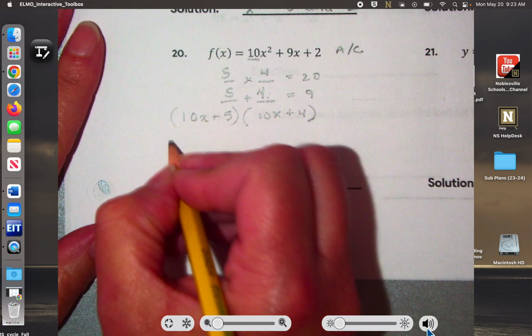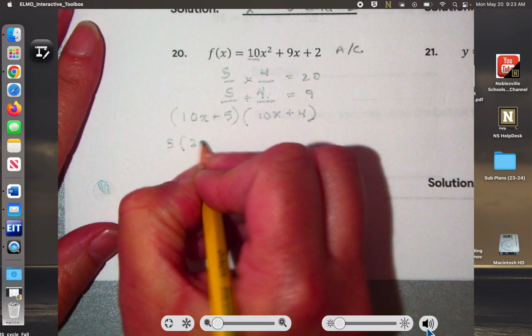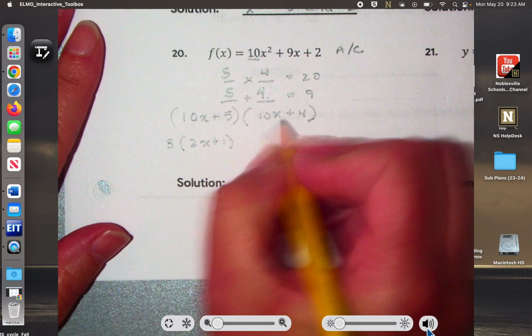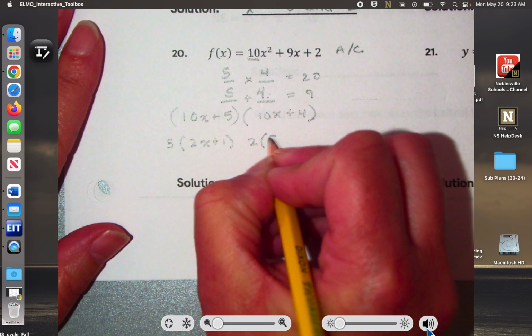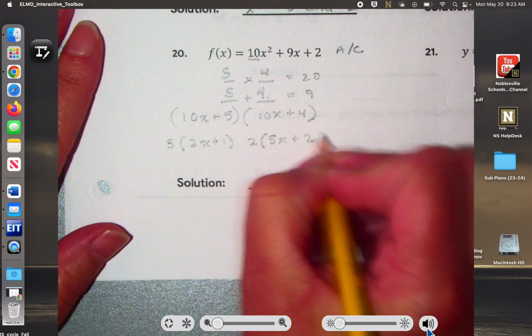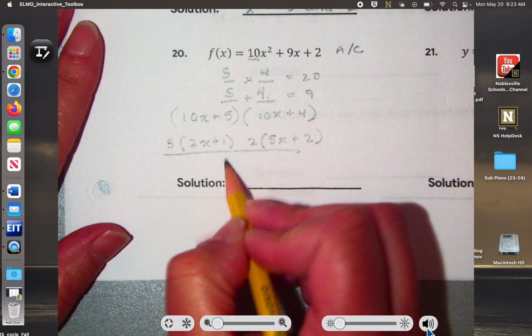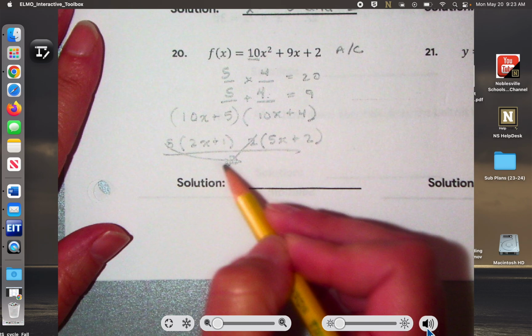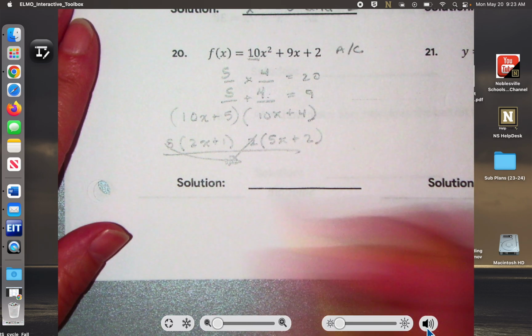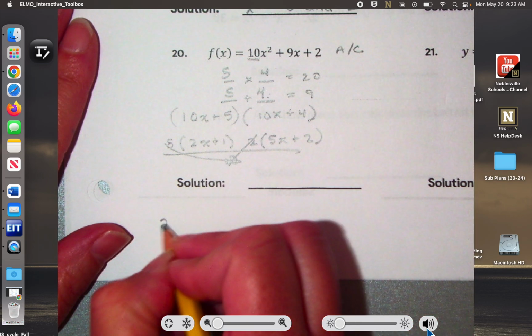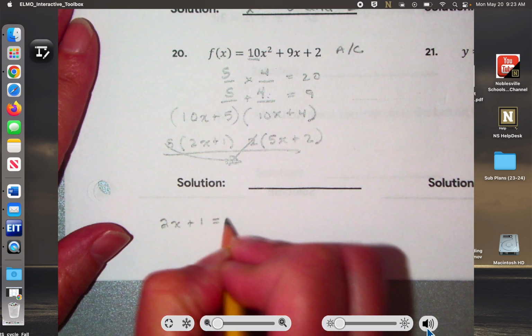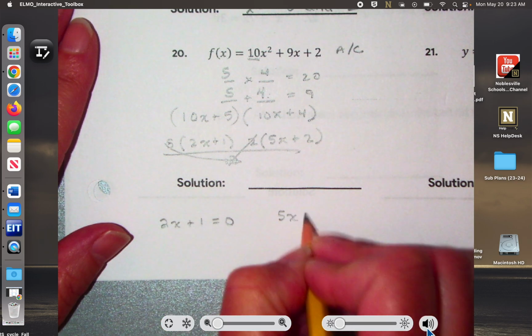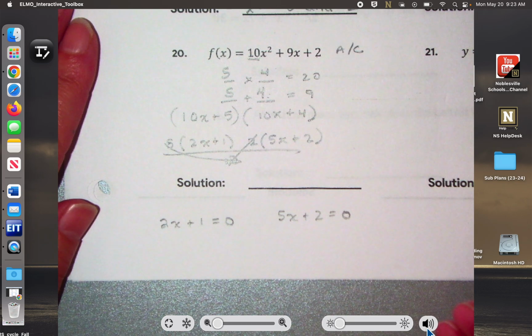So this can be 5 times the quantity 2x plus 1, and this can be 2 times the quantity 5x plus 2. And then when I divide by my original a, that's where that 5 times 2 cancels out with the 10 in the denominator. So now I have these two quantities. 2x plus 1 equals 0, 5x plus 2, set that equal to 0.